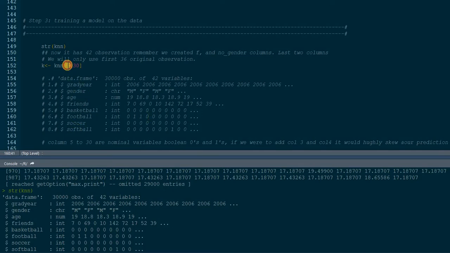So why did I say I want the vector from the 5th column to the 30th column? I want nominal values, Boolean values, 0s and 1s. I don't want higher numbers. If I added age, friends, and graduation years and all that, it would skew our data.